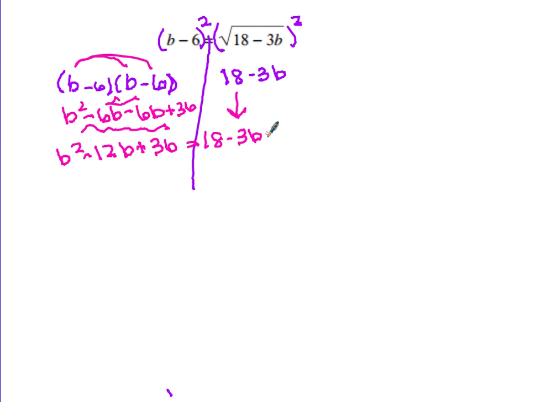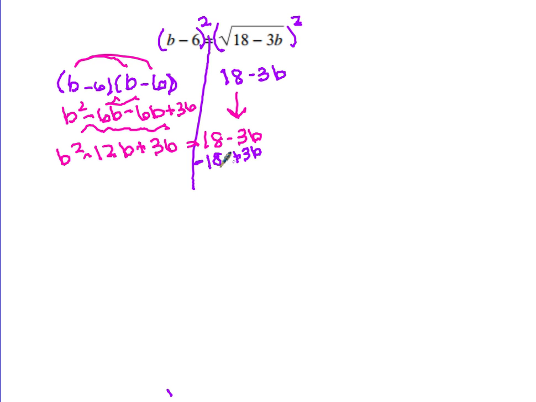Alright, so now I'm here, and just like in the last one, because I had an a squared, now I have a b squared, and because I have a square term, I need to get it equal to 0, because I'm either going to have to factor or use the quadratic formula. So I need to move both these things towards the square term. So I would minus 18 and add 3b.